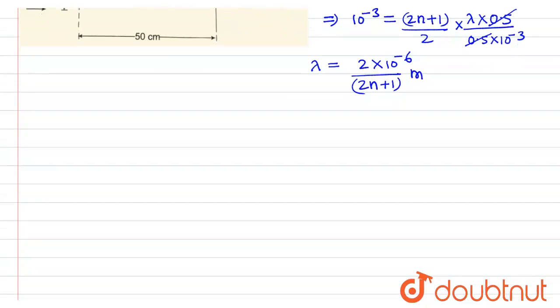So lambda can be given as 2 into 10 to the power minus 6, multiply and divide by 10 to the power minus 3 and 10 to the power plus 3.